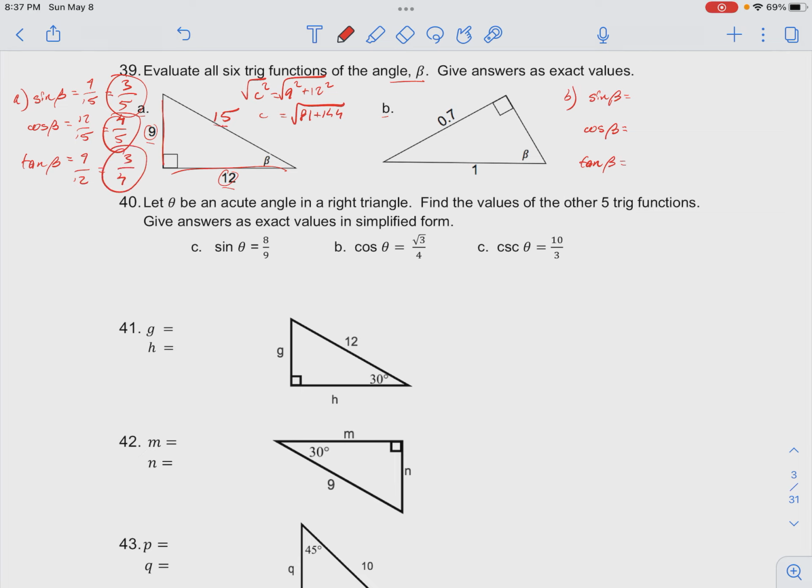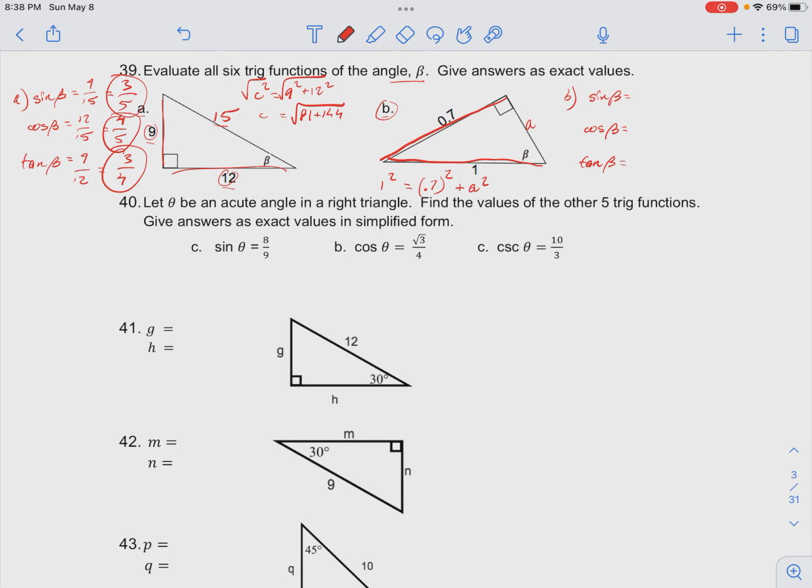Now for our triangle in B over here, we have a hypotenuse of 1, a longer leg of 0.7, and an unknown shorter side, a squared, or rather just a, that we can find using the Pythagorean theorem. So we have that hypotenuse squared, 1 squared, is equal to 0.7 squared plus a squared.